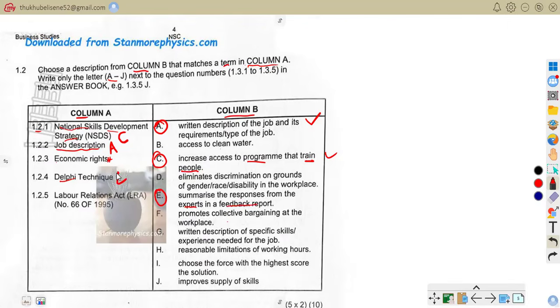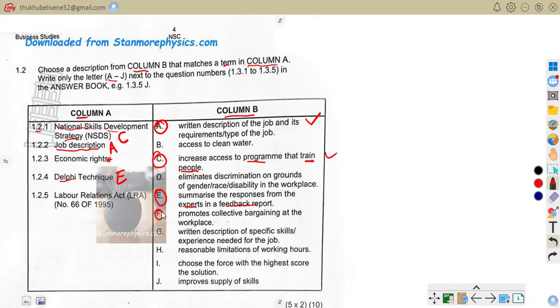Now we have the Labor Relations Act, which we know very well is a South African law governing the employer-employee relationship, for example dispute resolution. So we want the description that matches the Labor Relations Act, which is 1.25, and the correct answer there is F.